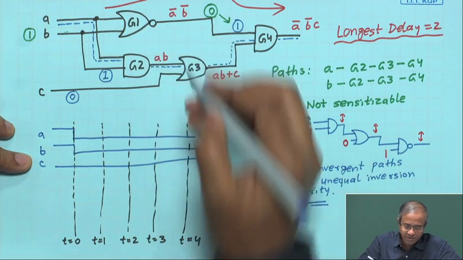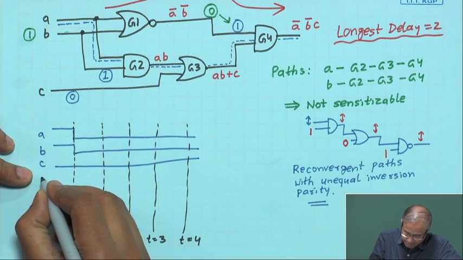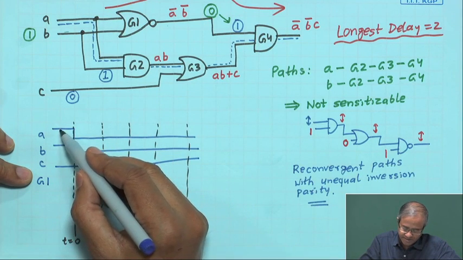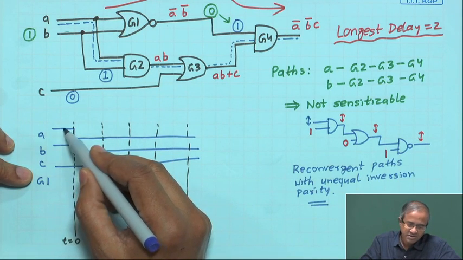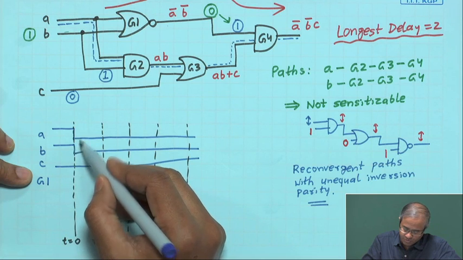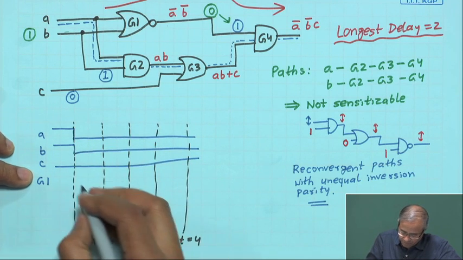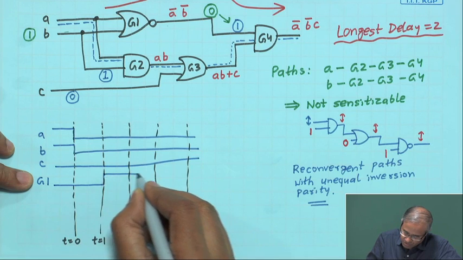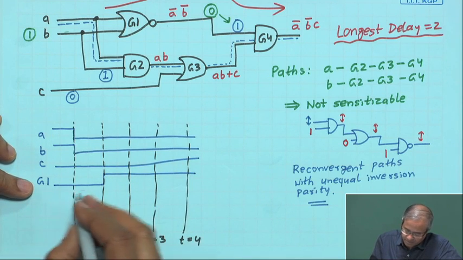So, let us say 1 by 1, what will be the output of G1? G1 is the NOR of A and B, initially both are 1 1. So, it will be 0 and after that both are 0 0, it will become 1, but delay of 1. So, it will become 1 after 1 unit delay here and it will remain 1. Talk about G2.